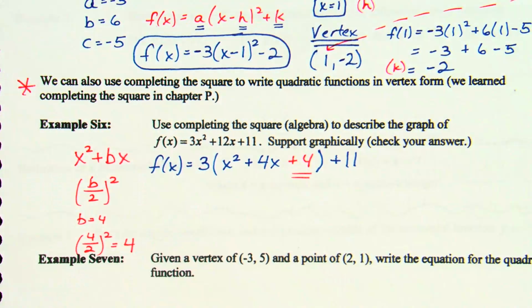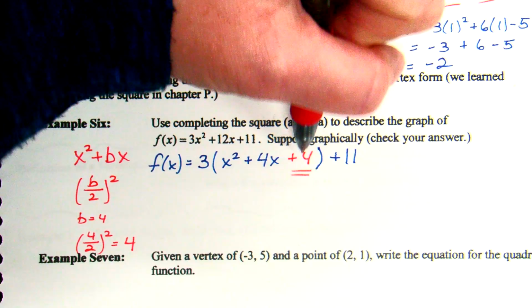How do I keep it balanced though if I can't add 4 to the other side of the equation? Subtract 4. So we added 4 here in the parentheses. Down here I'm going to subtract 4 with one slight catch.